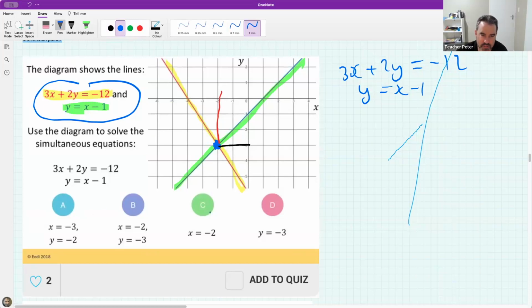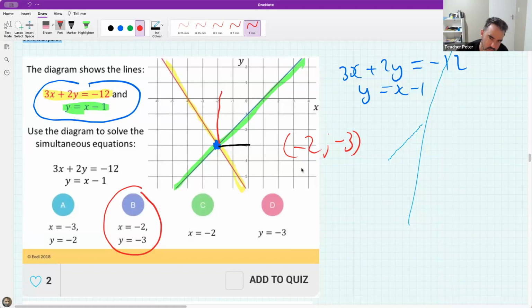Which of the three options here represents that blue point here? So if x is -2 and y is -3, it's going to have to be this one over here.